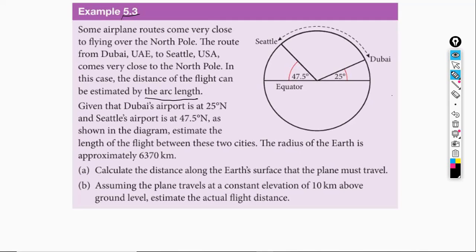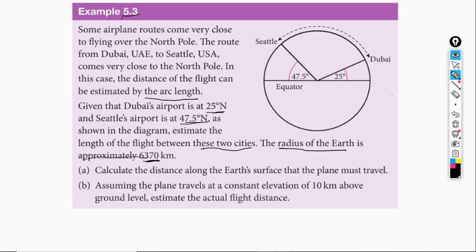Given that Dubai's airport is 25 degrees north and Seattle's airport is at 47.5 degrees north, as shown in the diagram, estimate the length of the flight between these two cities. The radius of the Earth is approximately 6,370 kilometers.